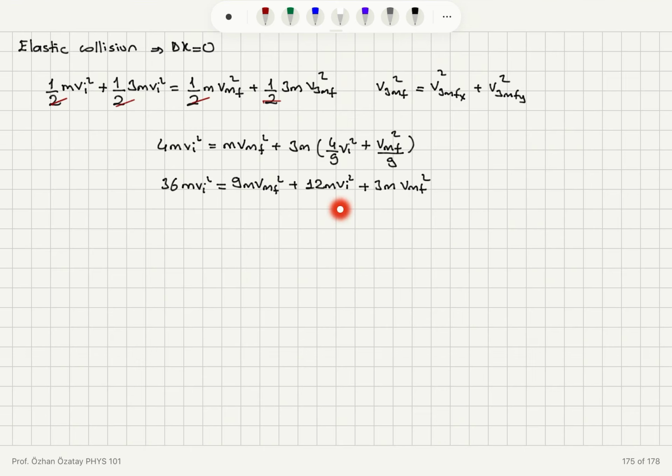So if I take the 12 to the left hand side, this becomes 24m v initial squared is equal to 9m plus 3m, 12m vm final squared. Therefore, I find that vm final is 24 divided by 12 square roots, that's square root 2 vi.